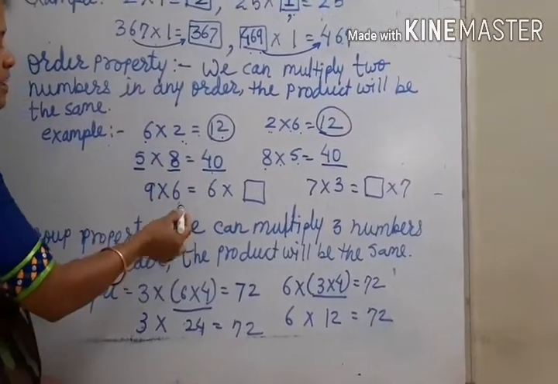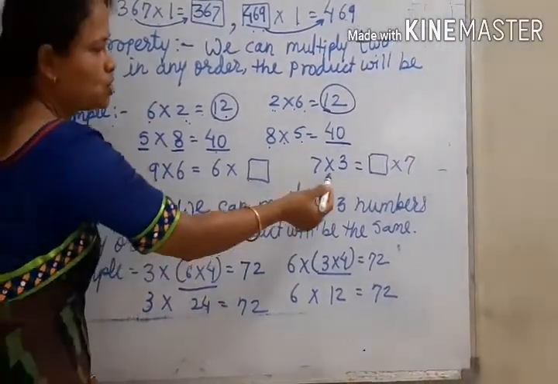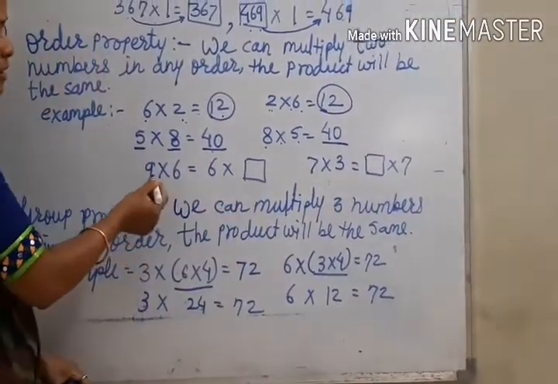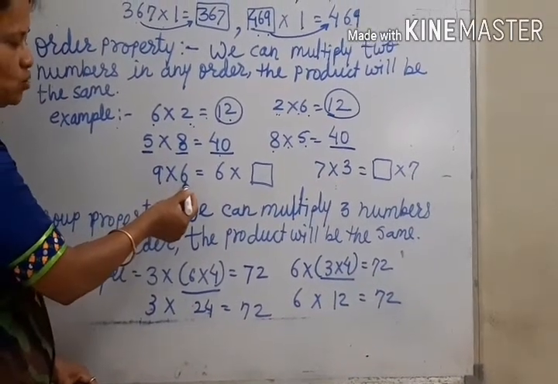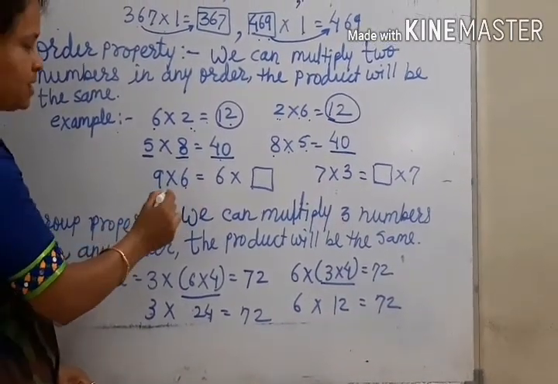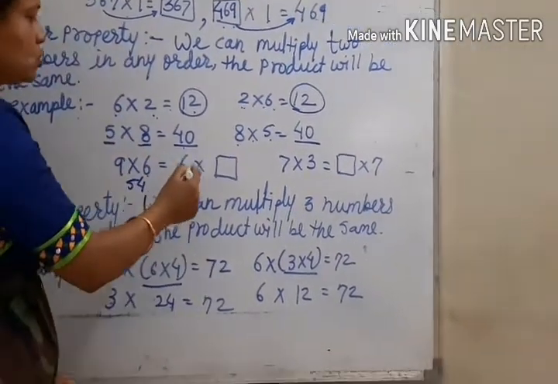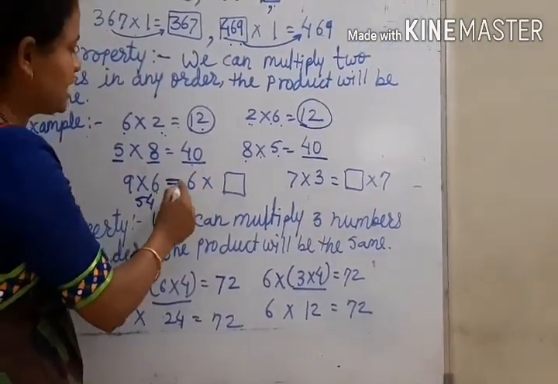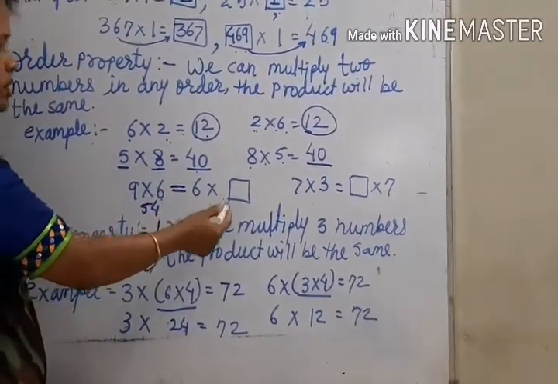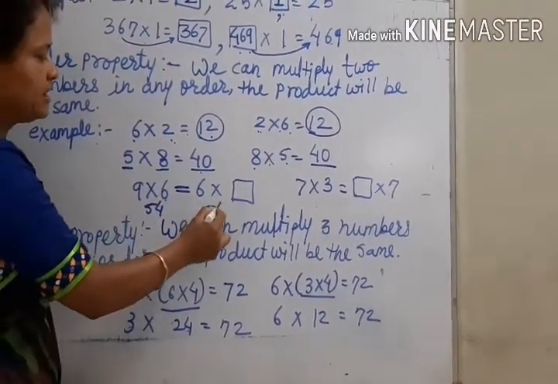Based on this property, we can solve such type of questions which we have written here. 9 multiplied by 6. What is the answer? 9 6s are 54. The equal to sign tells us that both sides are equal. Here also we must get the answer 54.